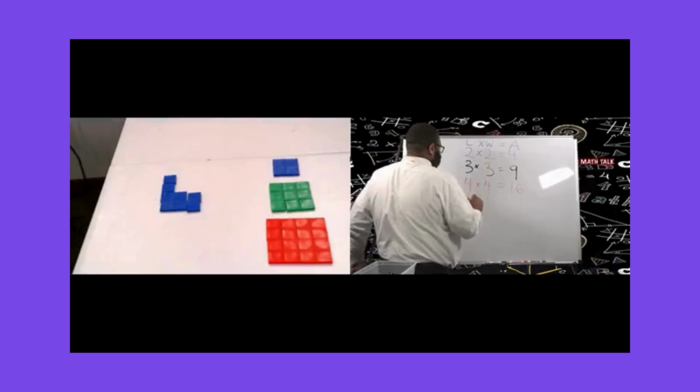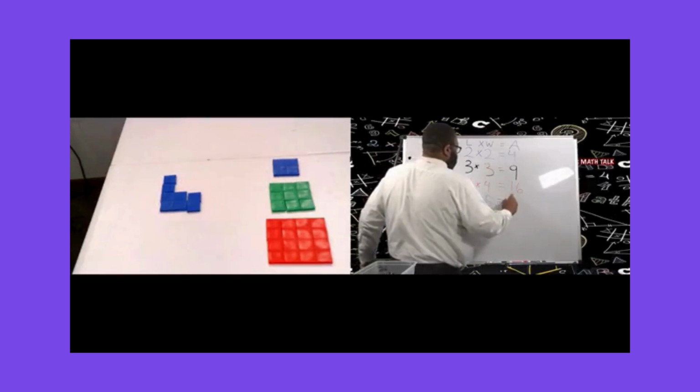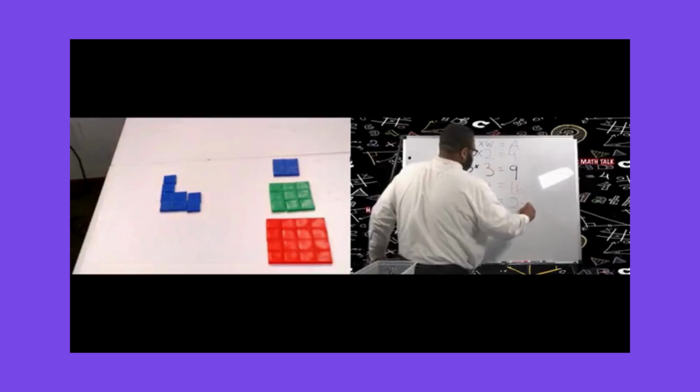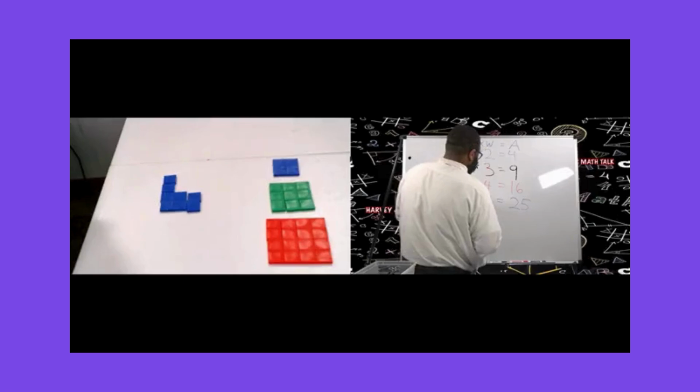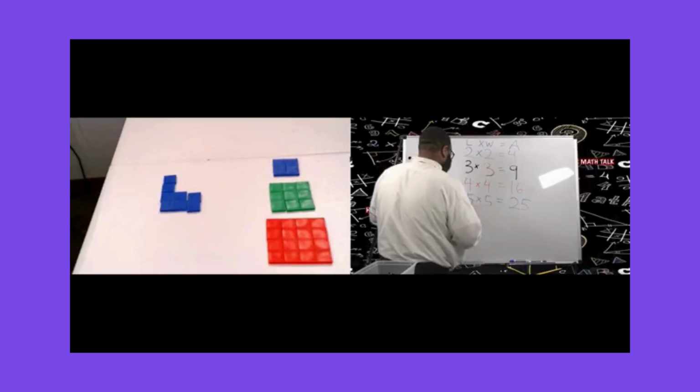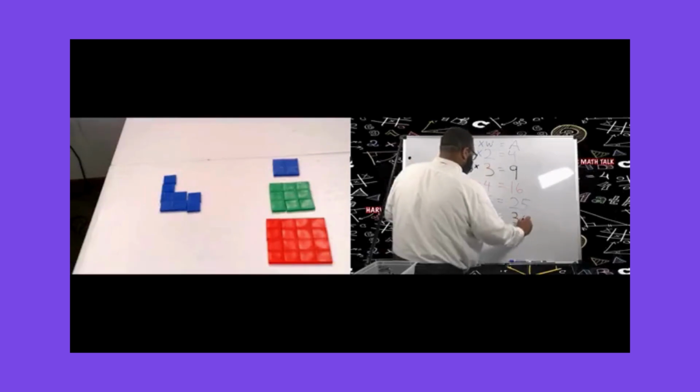That means we can do 5 times 5, which will give us 25. And we can also make a 6 by 6, length times width, which will give us 36.